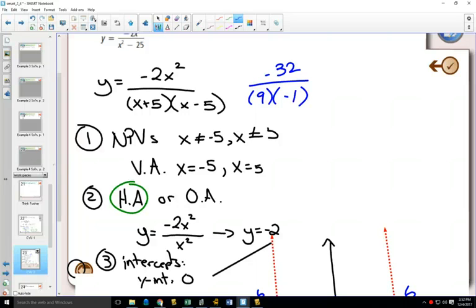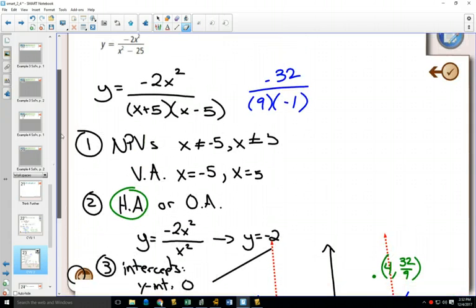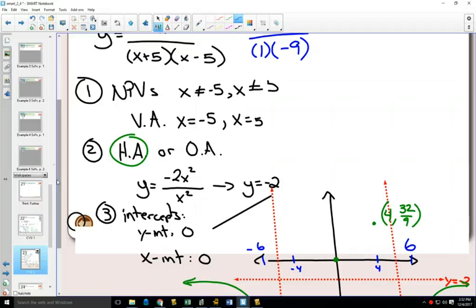So I'll get negative 32 over negative 9, which is positive 3 point something. So I can label that 4 comma 32 over 9. And if I try with negative 4, negative 4 would still give me negative 32 on top. Here I'm going to get 1. Here I'm going to get negative 9. Same thing, it'll be positive 32 over 9.